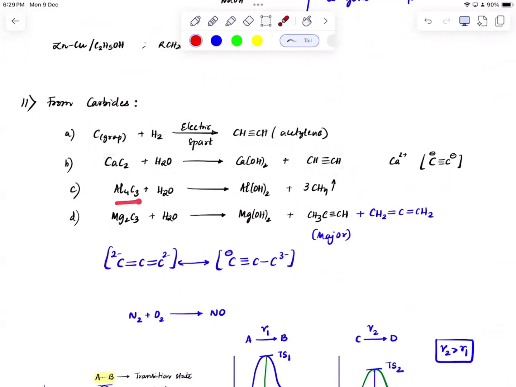And if you take Al4C3, this will give you 3 moles of methane. So any carbide which forms methane is called a methanide. If it is forming propyne, it is called a propanide. If it is forming ethyne, it is called an ethanide. So CaC2 is ethanide, this is methanide, this is propanide. Got it?